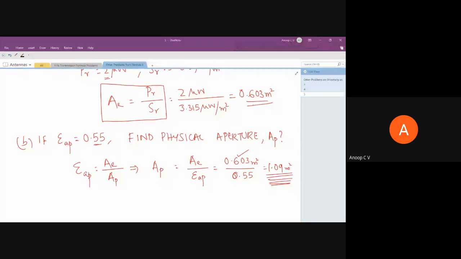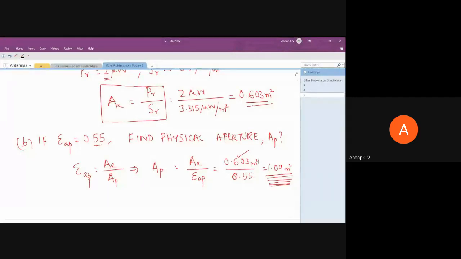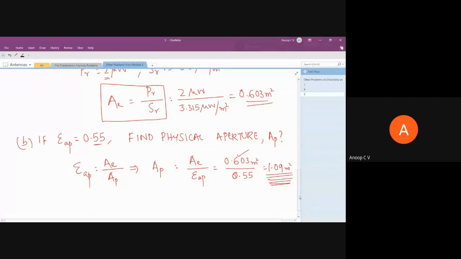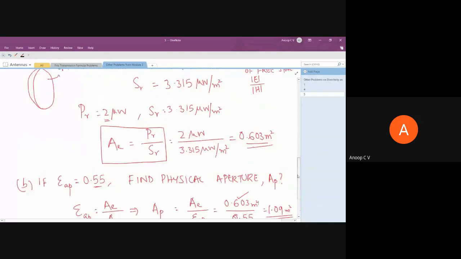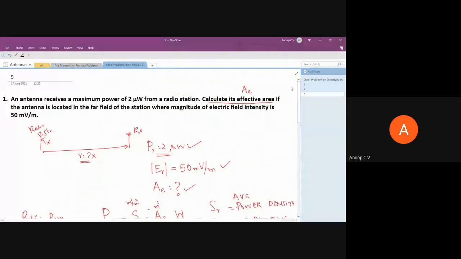I hope this problem is clear. Once again, the problem was: the antenna received power PR was given, and we had to find the effective aperture. What was given is the magnitude of the electric field intensity, mod ER.